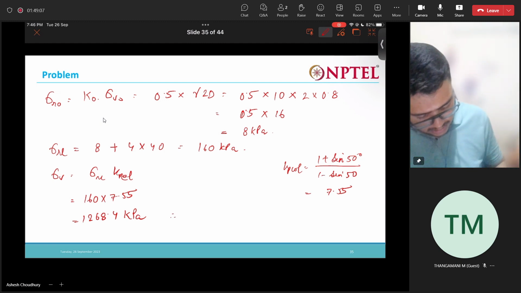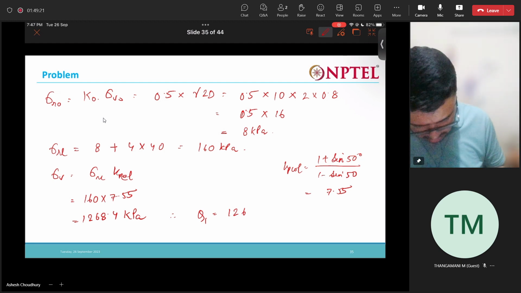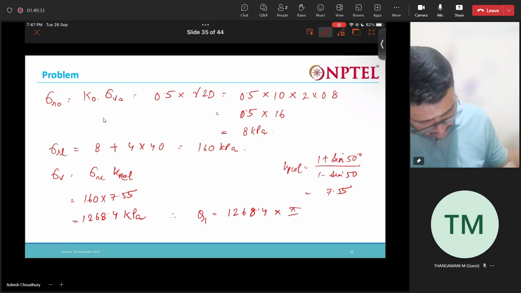Therefore, finally, what is Q1? 1268.4 times pi by 4 into 0.8 square divided by factor of safety 2.